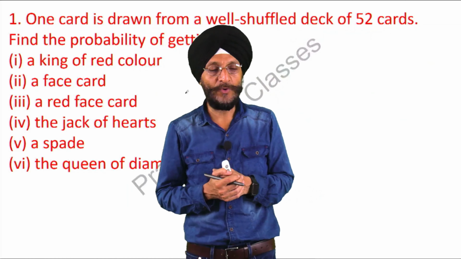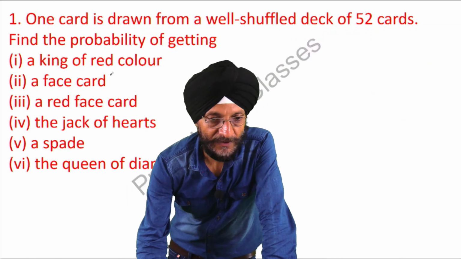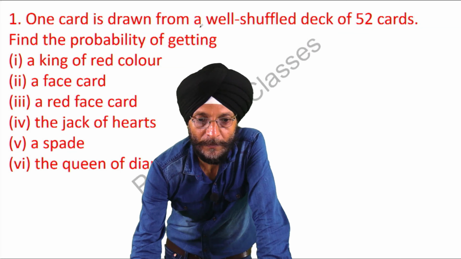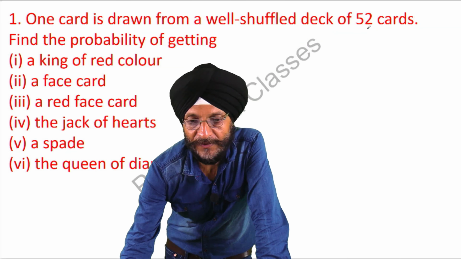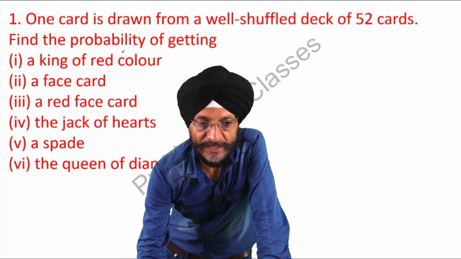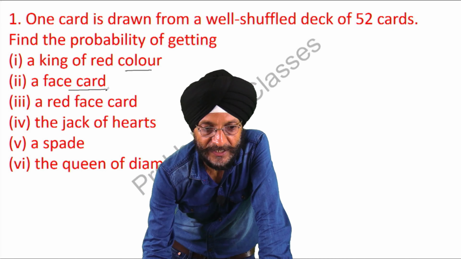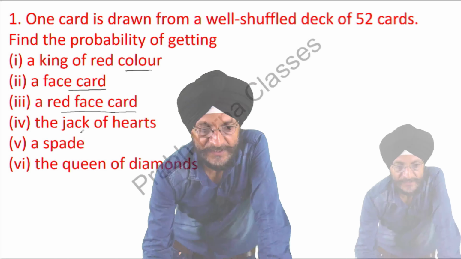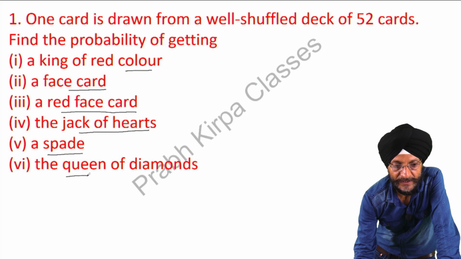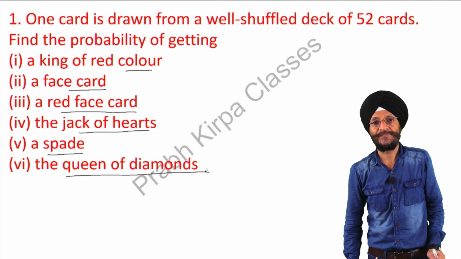Now the question before us is: one card is drawn from a well shuffled deck of 52 cards. Find the probability of getting king of red color, face card, red face card, jack of hearts, spade, and the queen of diamonds.